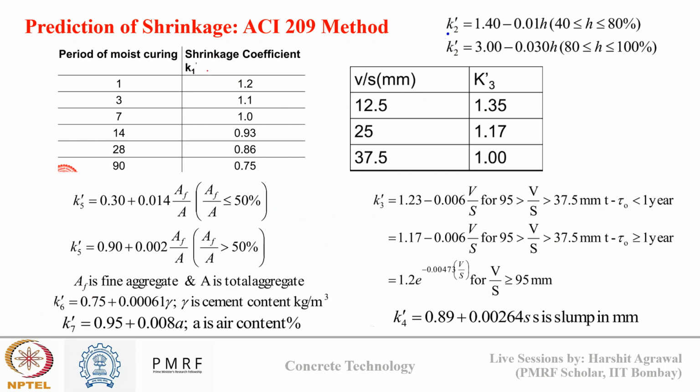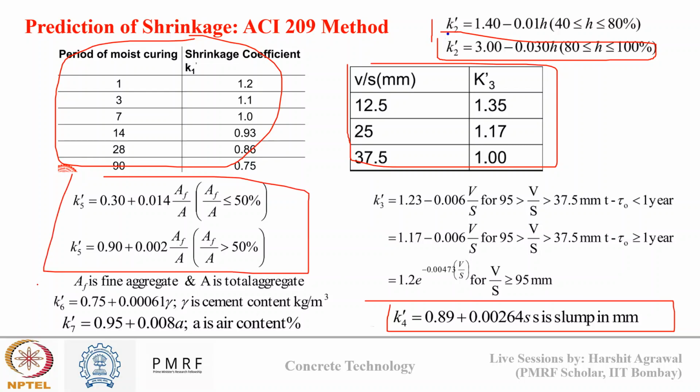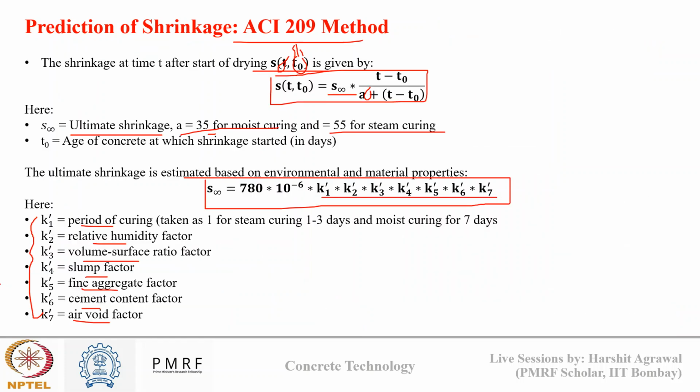We have different relationships available. Based on these relationships, this is for K1, this is for K2, for K3 we have this relation, for K4 we have a certain relation, for K5 we have a certain relation, and for K6 and K7 we have a certain relation. For all these factors there is a set of experimental relationships that has been determined.